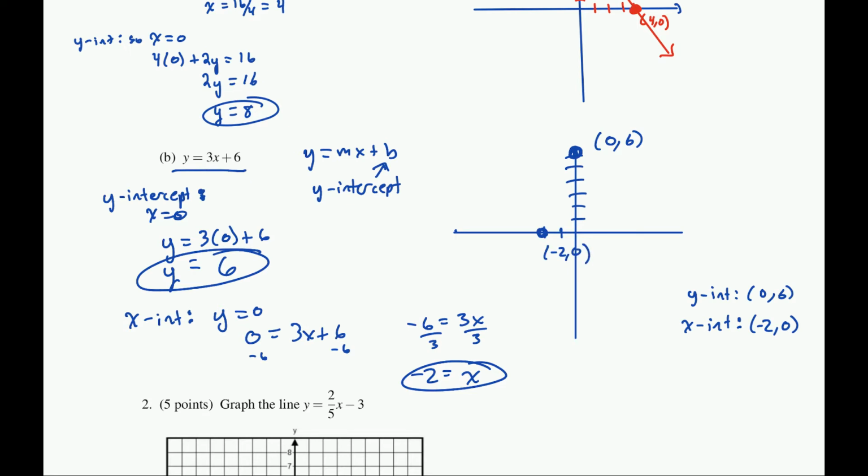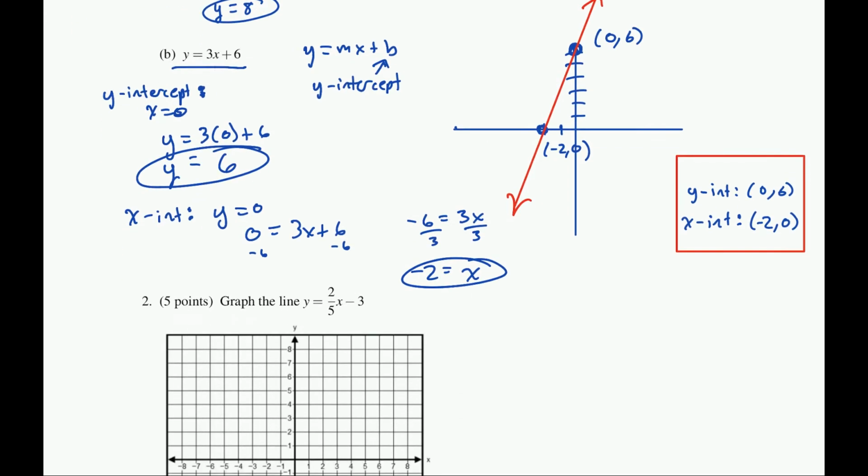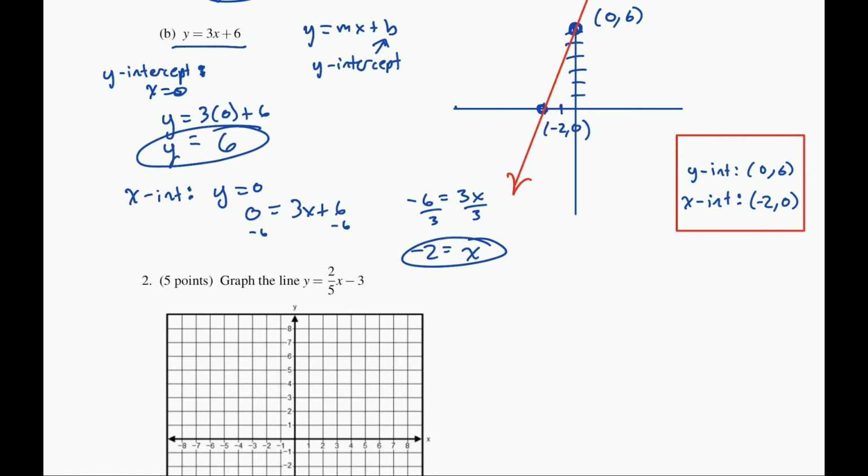And of course, if you want to graph your line, you can. Something like that. But the solution to the actual problem is right there in the box. You don't need the graph here. And that is how you find the intercepts.